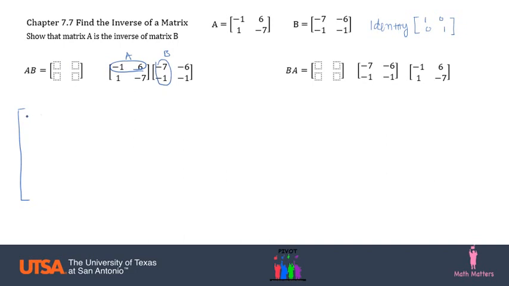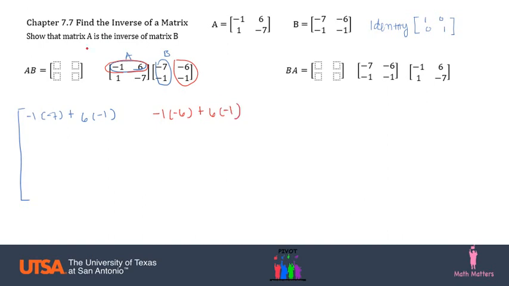So we have negative 1 times negative 7 plus 6 times negative 1. Move on to multiplying row 1 with column 2. So it's going to be negative 1 times negative 6 plus 6 times negative 1.